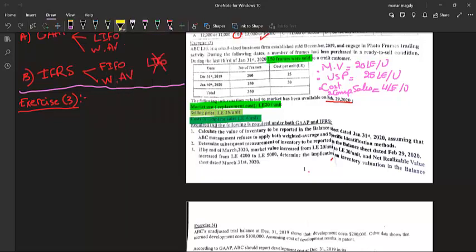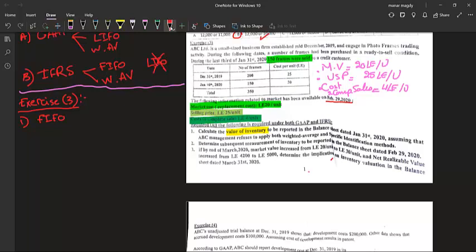First, we are required to calculate the value of inventory reported on the balance sheet on December 31, assuming that ABC Company Management refuses to apply both weighted average and specific identification. So, regarding number 1, the inventory valuation methods include FIFO and LIFO, right?